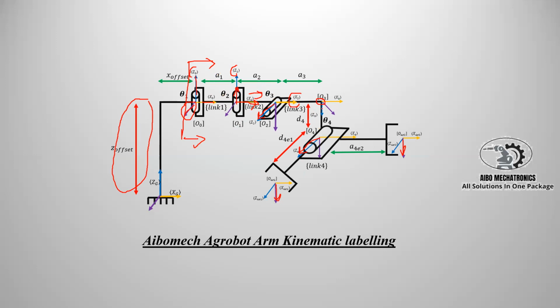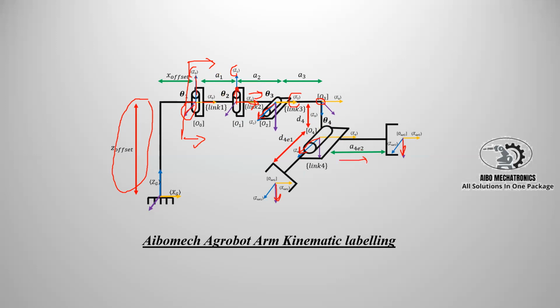Also A3 is the same. D4 is the perpendicular distance between x-axes, in the direction of the current z-axis too. Because we have two grippers, I label them as D4 E1 and D4 E2.